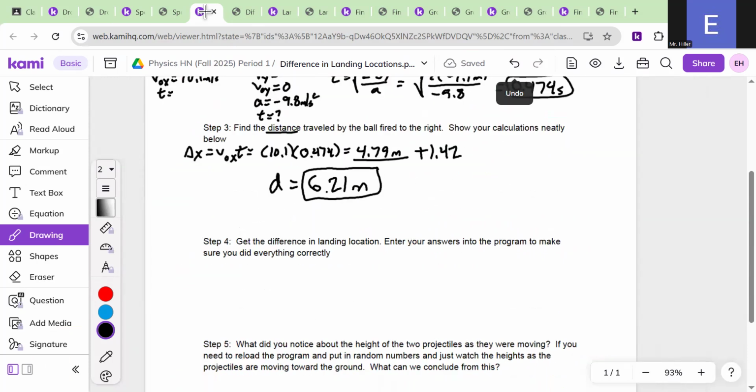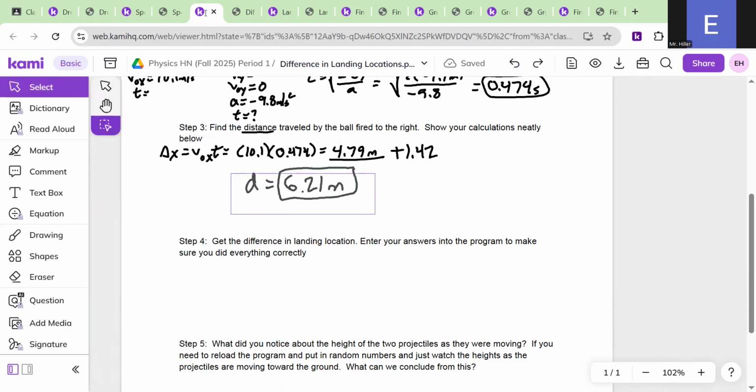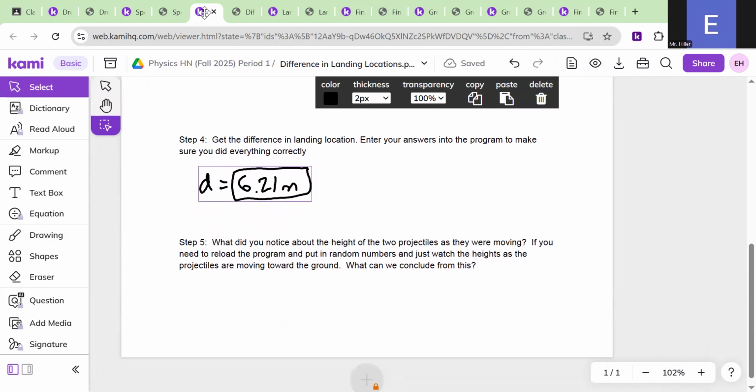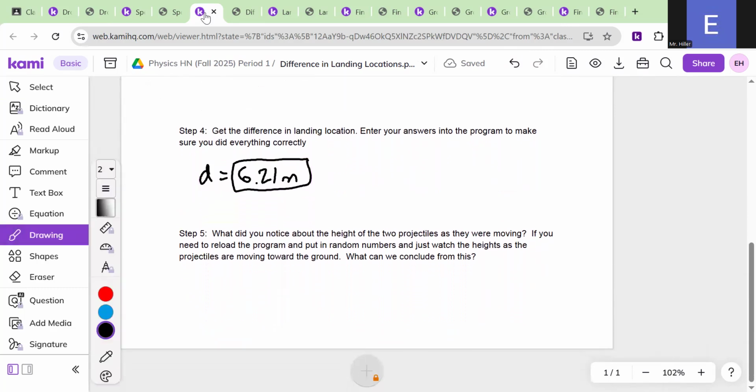Okay. It looks like I was supposed to enter that down here, but that's fine. That is perfectly fine. Okay, I can just move stuff around. Okay, step 5, what do you notice about the height of the two projectiles as they were moving?